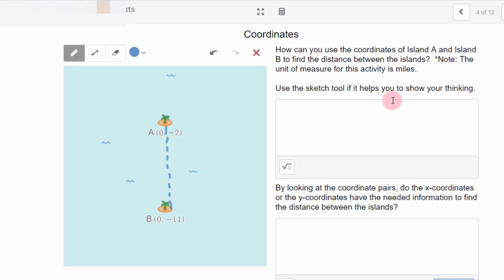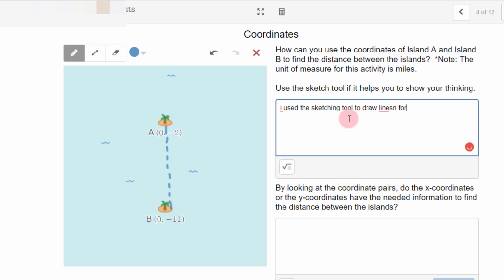So use the sketching tools if it helps you use your thinking. And they can write, I used the sketching tool to draw lines for the spaces. I counted the lines after I drew them, and there were 9 lines.